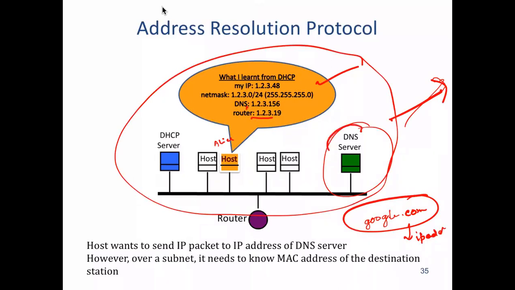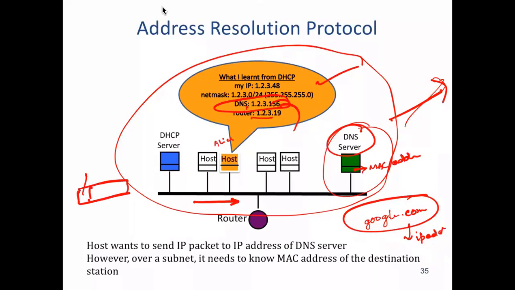Now using the IP address of the DNS server, she cannot communicate, because what will finally go there is an Ethernet frame. So she needs to know the hardware address or MAC address of the DNS server.